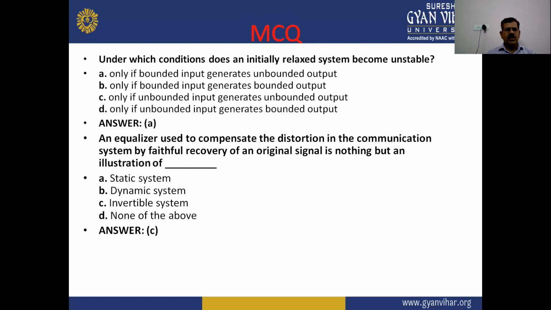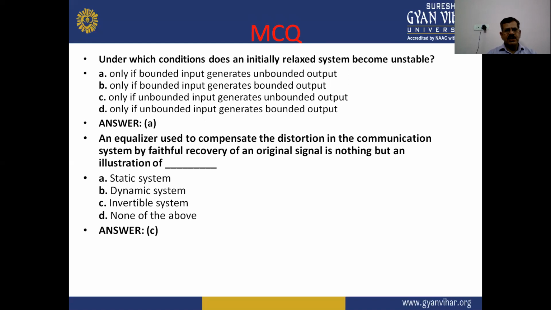Option B, only if bounded input generates bounded output. Option C, only if unbounded input generates unbounded output. Option D, only if unbounded input generates bounded output. So here the correct answer is option A.